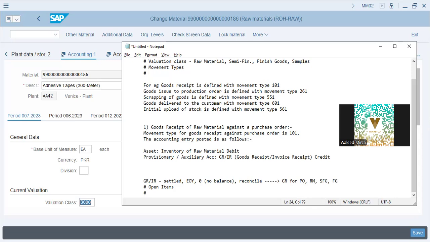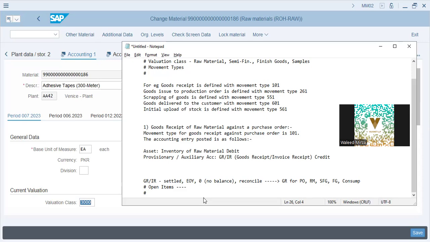And of course, there will be consumption as well. Consumption will also be recorded. So the GRIR account can be more than one to accommodate all of these scenarios. GRIR account is essentially a watchdog over inventory movement, but at the end of the day, it will have zero balance. It has to reconcile. And GRIR accounts will be open items.